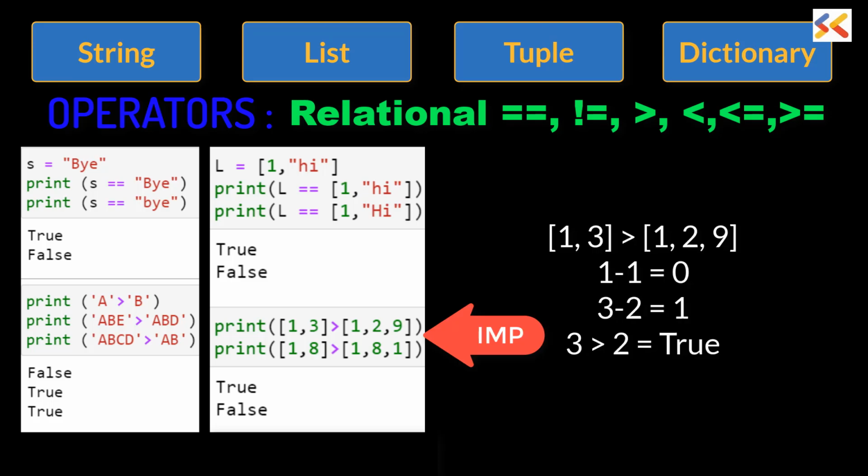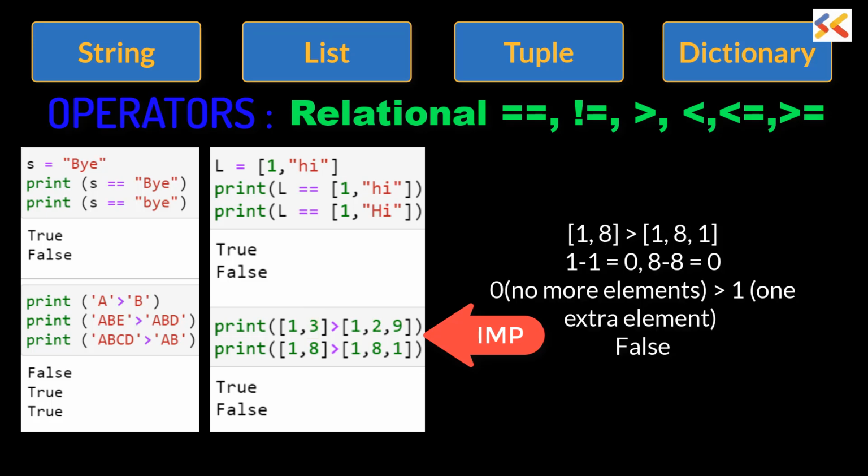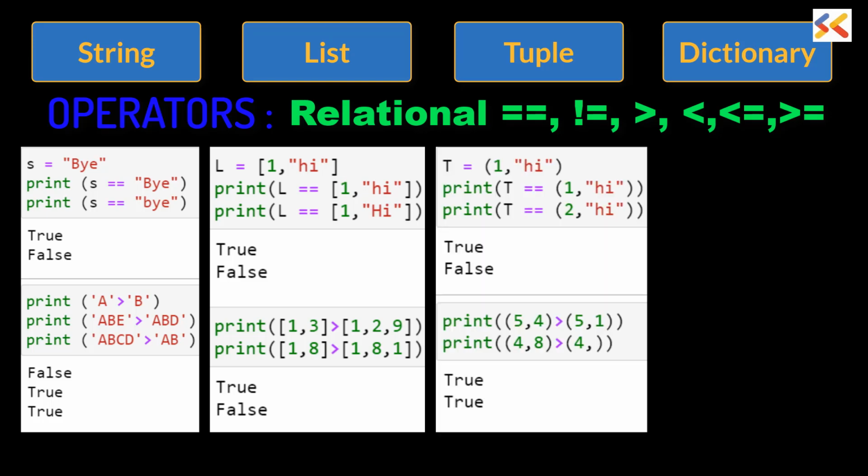The pair of item at each position are compared and it will stop the moment it finds an unequal pair. And in that case, the result of the comparison of that pair will be returned. Or if two lists are of unequal length, then first it will compare the common elements. If they are same, then the longer list is considered greater than the shorter list. Now tuples work exactly same as list.